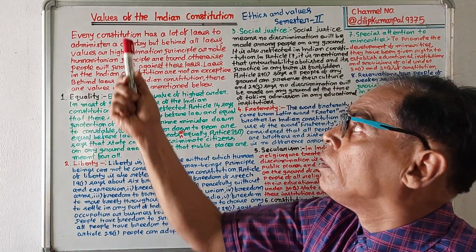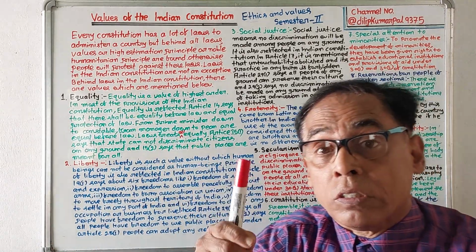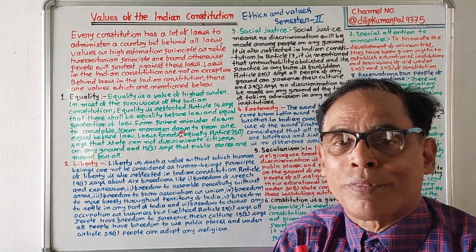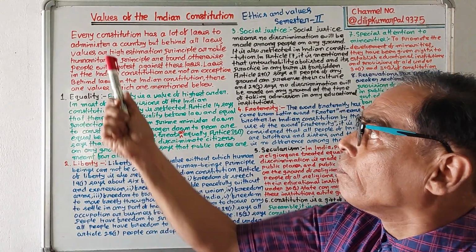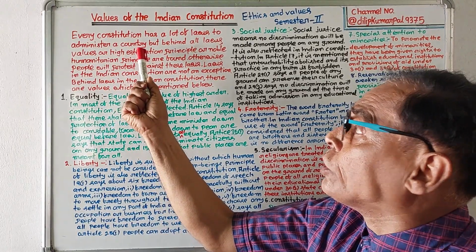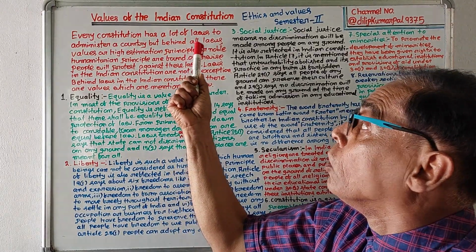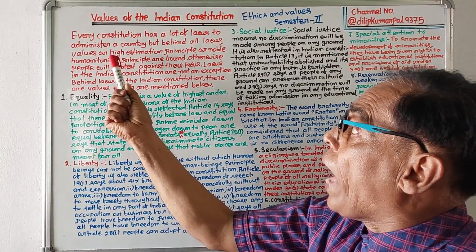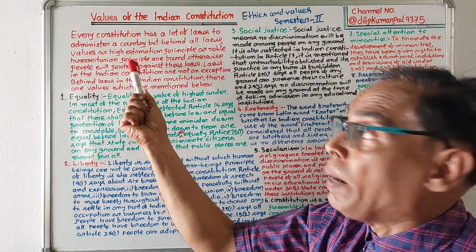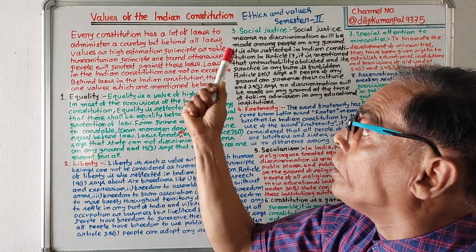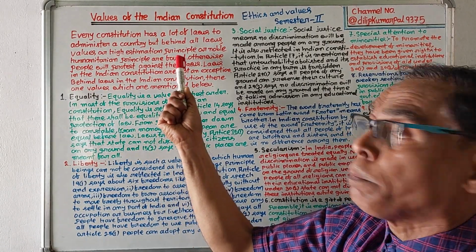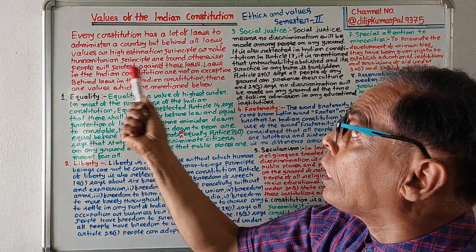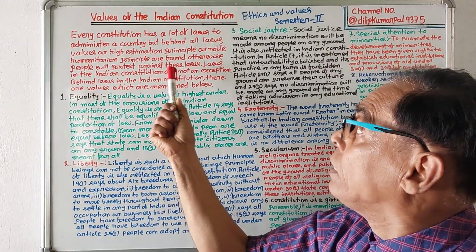Let us start. Values of the Indian Constitution or values in the Indian Constitution. Every constitution has a lot of laws to administer a country, but behind all laws, values or high estimation principle or noble humanitarian principle are found.